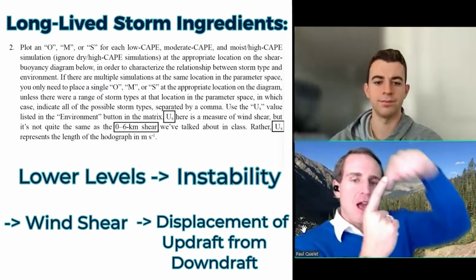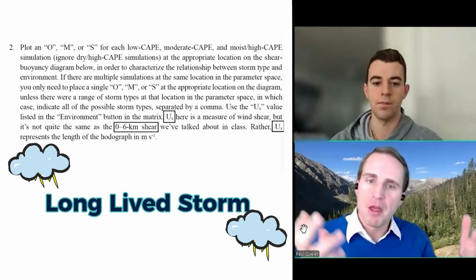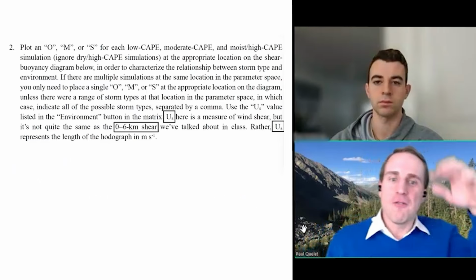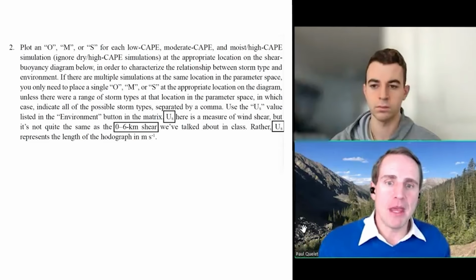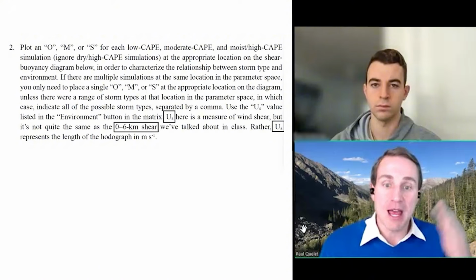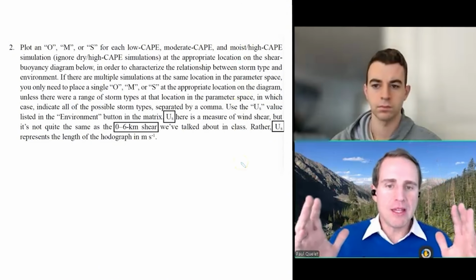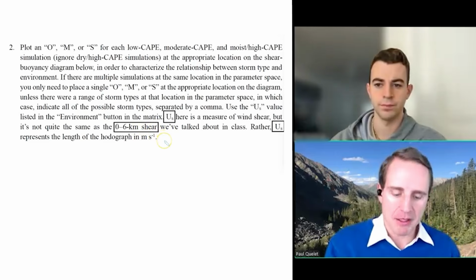Generally, you want the updraft displaced from the downdraft to have a long-lived storm. Because if you have cold, rain-evaporated air falling into the updraft, that warm, moist updraft is going to be disrupted in terms of its temperature profile. So you generally want larger wind shear, and 0 to 6 kilometers tends to be commonly used from observation.